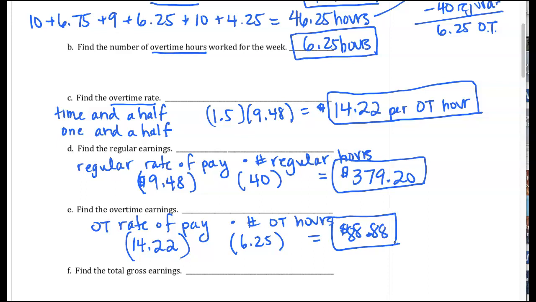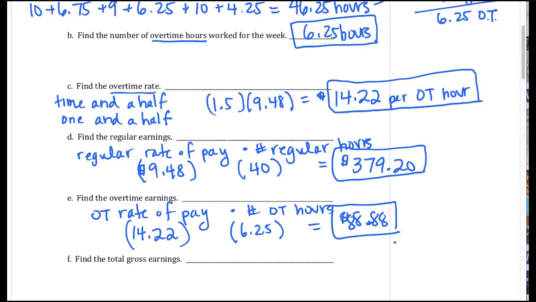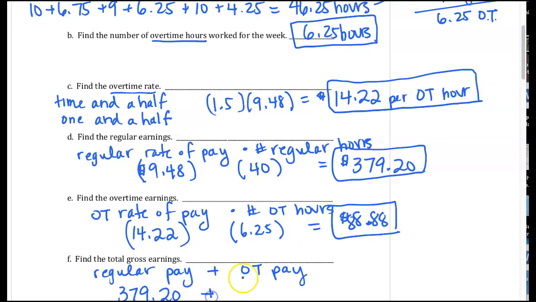The last part of question 1 says find the total gross earnings. In order to do this, we're going to take our regular pay and add our overtime pay. Our regular pay from Part D was $379.20. Our overtime pay from Part E was $88.88.